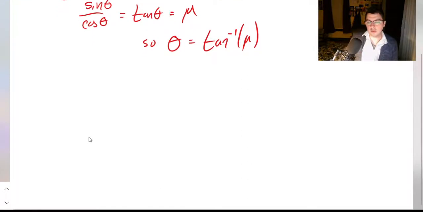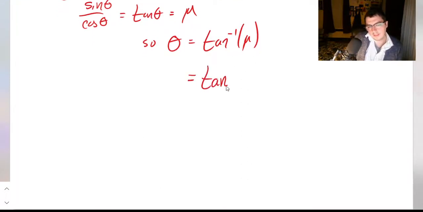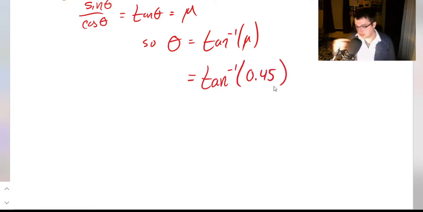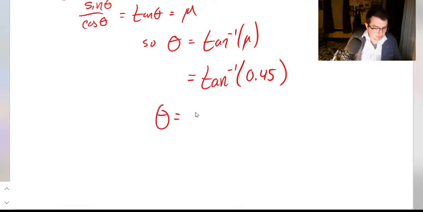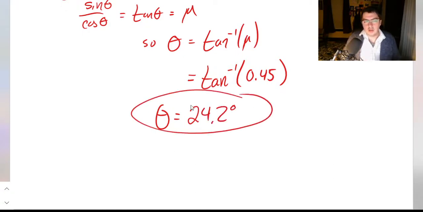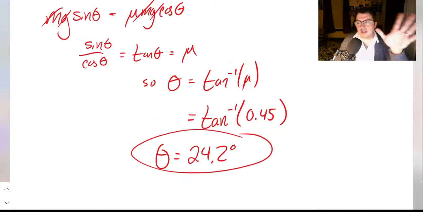So we can find for this case, using the inverse tangent of 0.45, evaluating the inverse tangent of 0.45, we get that theta is equal to 24.2 degrees. The interesting thing is, it doesn't matter what the mass of the book is.